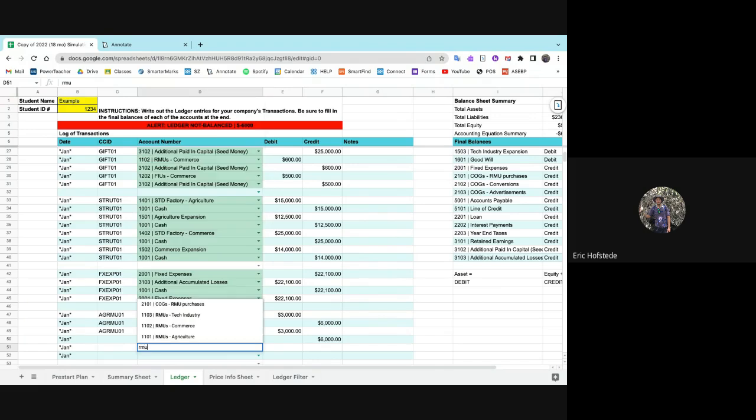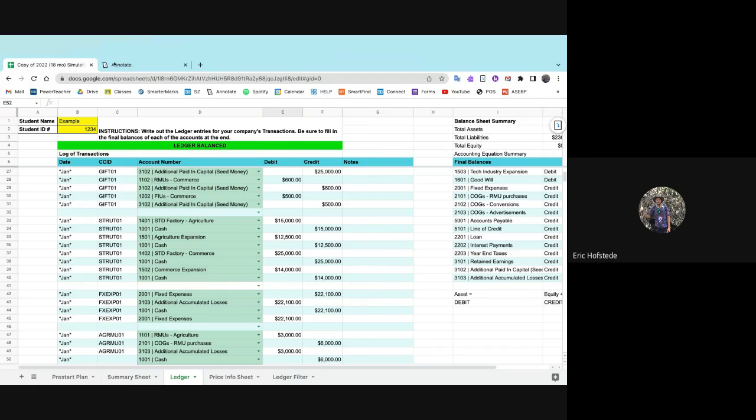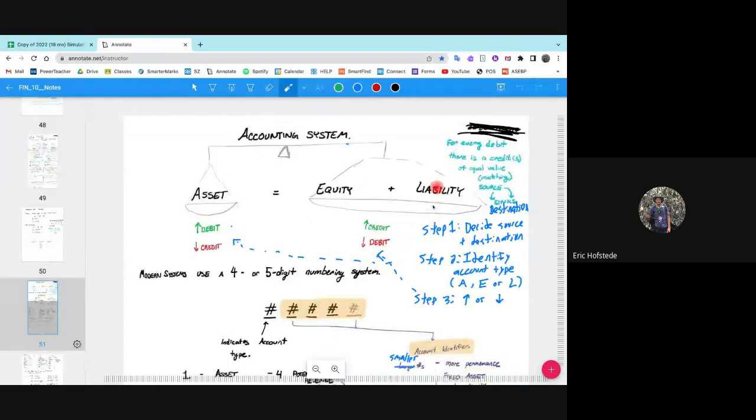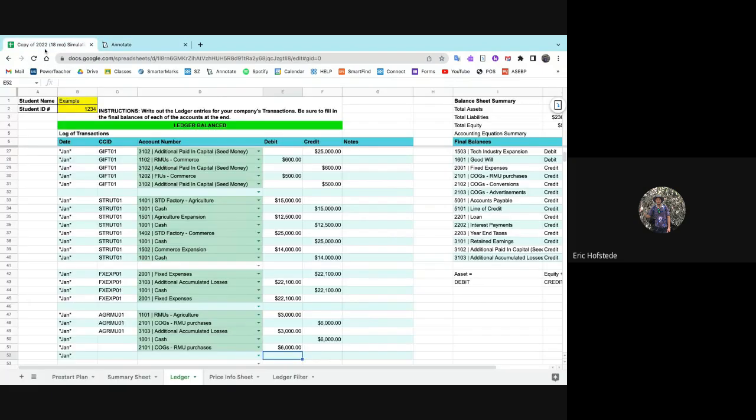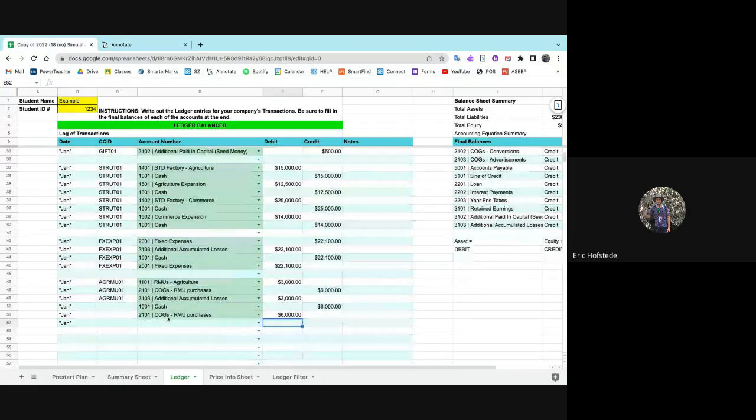My RMU cost of goods, $6,000 bill disappears, so it needs to be debited because our liability decreases with a debit. All right, that's actually it for my agriculture RMUs. And I'll show you, it's not actually always this slow.